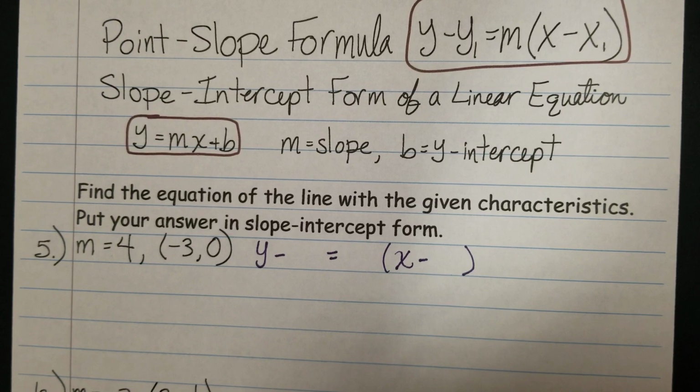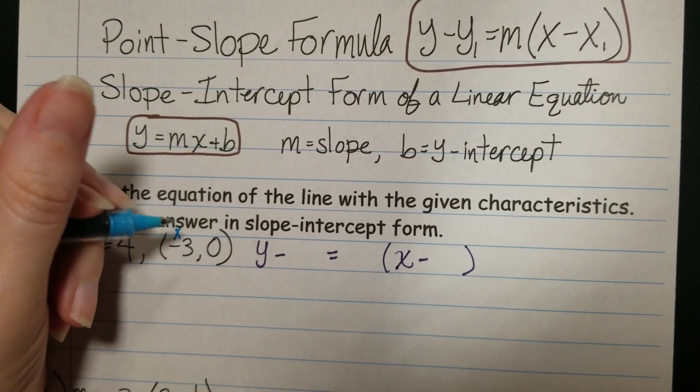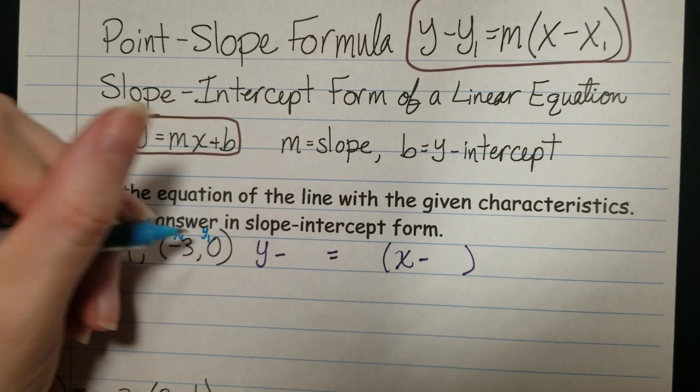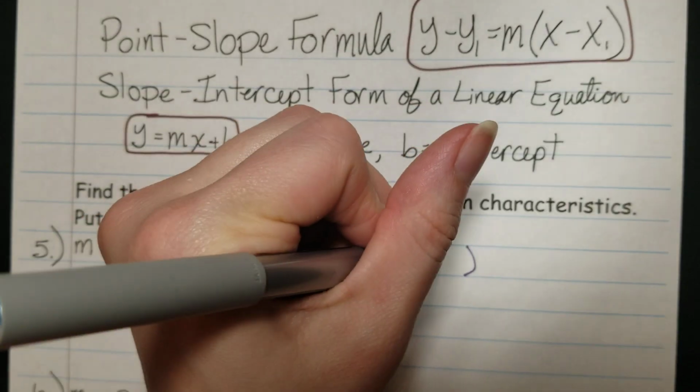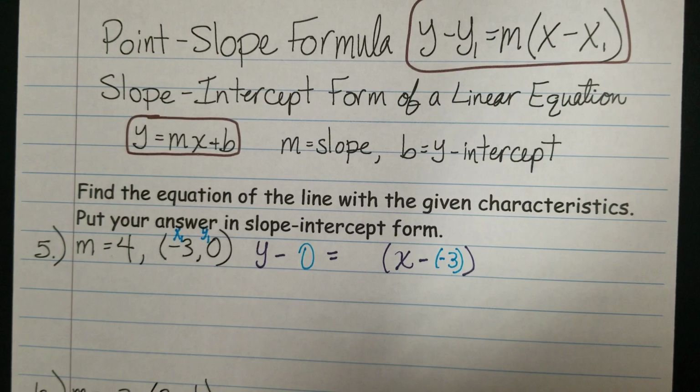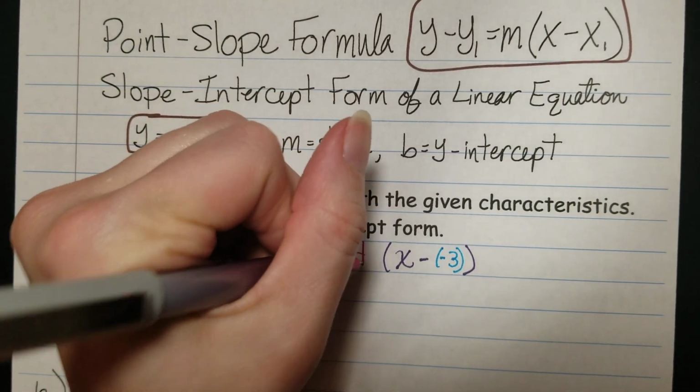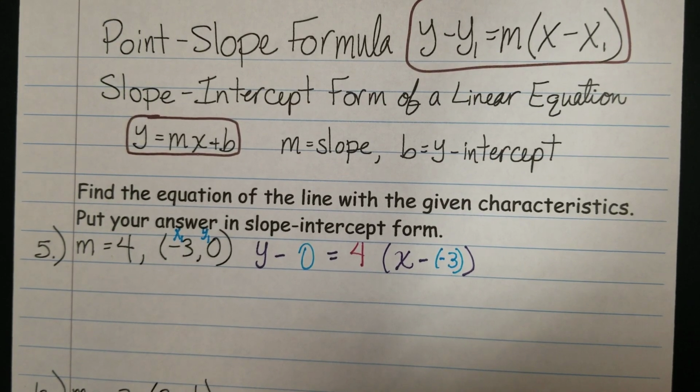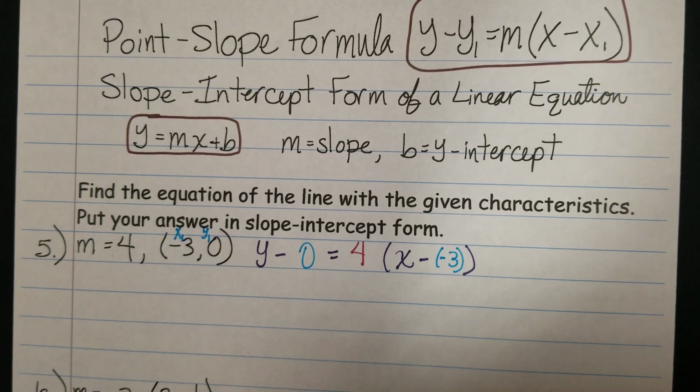So we have x1 is -3 and y1 is 0. And then we know that m is 4. So y minus 0 equals 4 times x minus -3.